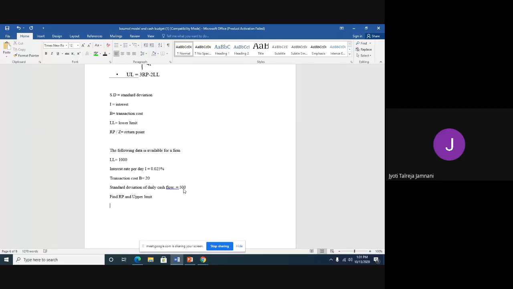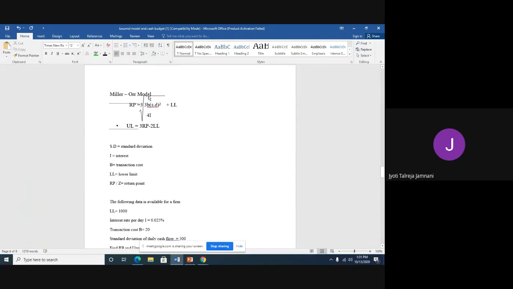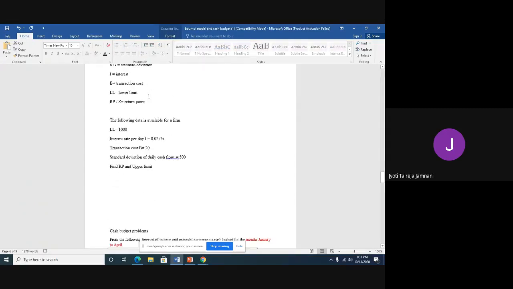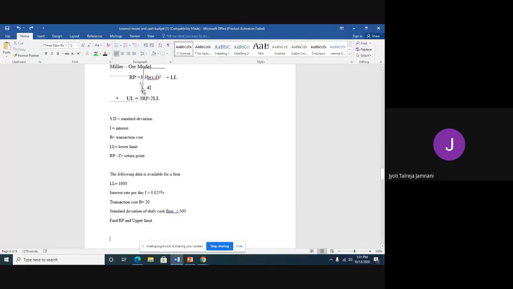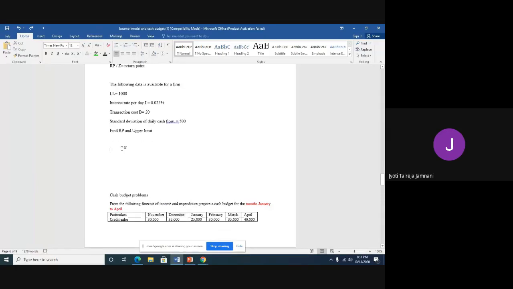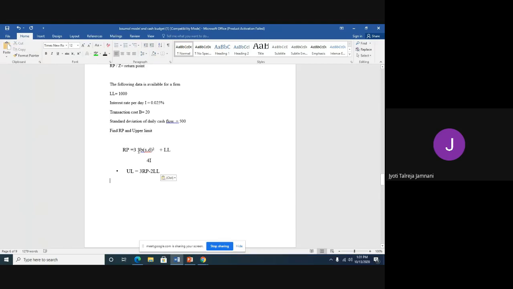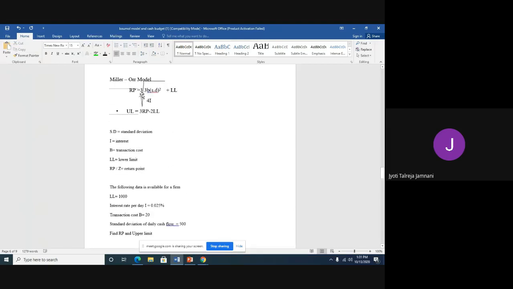So now we'll use it in the formula. The formula for RP is the cube root of, so you need to put the cube root sign there and then solve it, the way we have to insert the data in the formula and solve it.